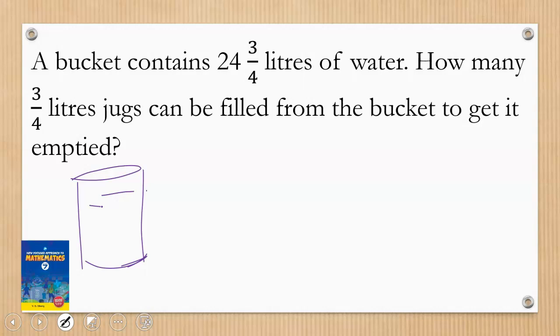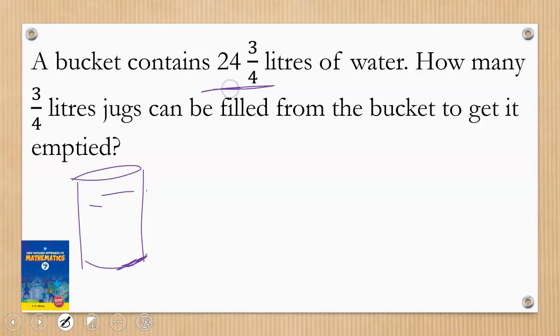Now we need to empty this and we have a jar that can only take 3/4 of the water. So how many times can we empty this bucket of water with a 3/4 jar continuously until we get it emptied? That is the question.